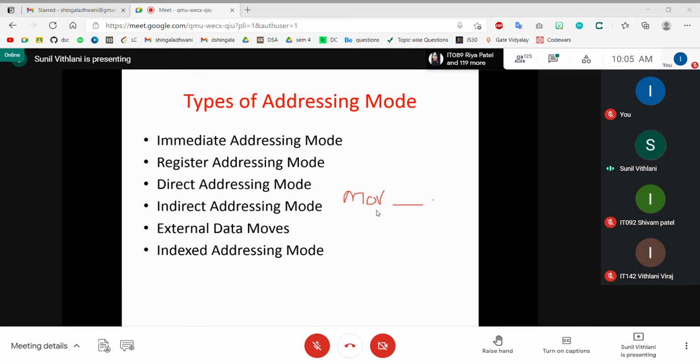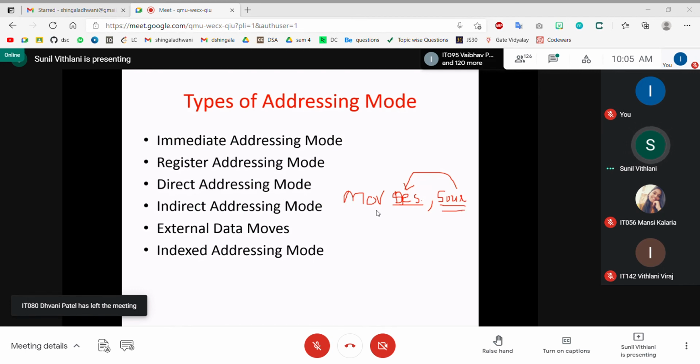Move, and then the next operand will be your destination, and this will be your source. Data will be copied from source to destination, and in this data transfer your source will remain unchanged. Your source data will remain as it is.